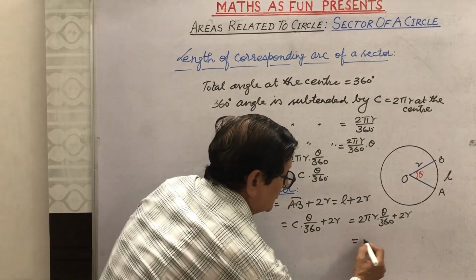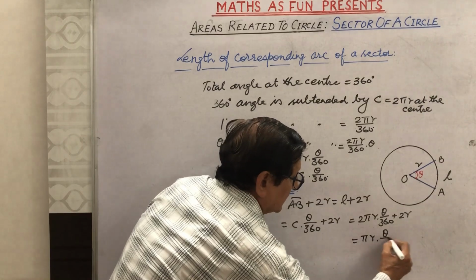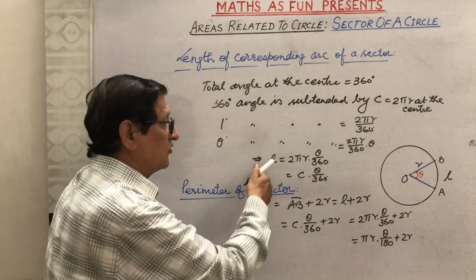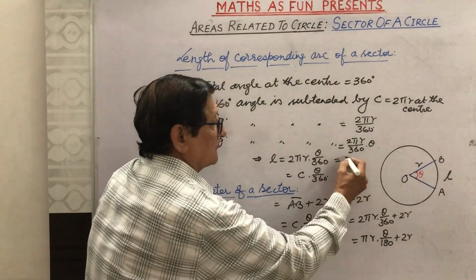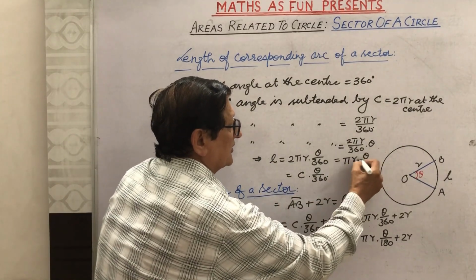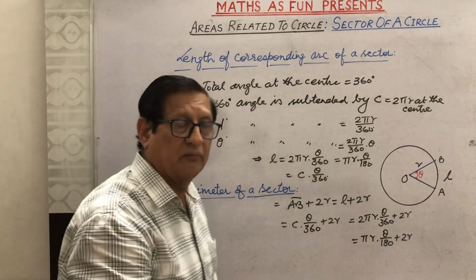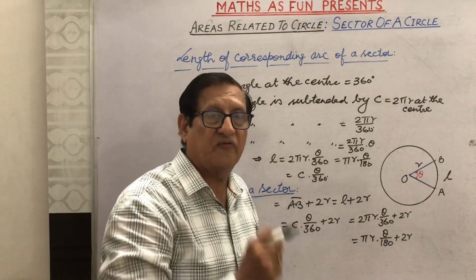In some books you may also get it as pi r into theta upon 180 plus 2r. Same way, to find out the length also, sometimes we may use pi r into theta upon 180 because 2 cancels this 360. Now we will be learning about the area of a sector.